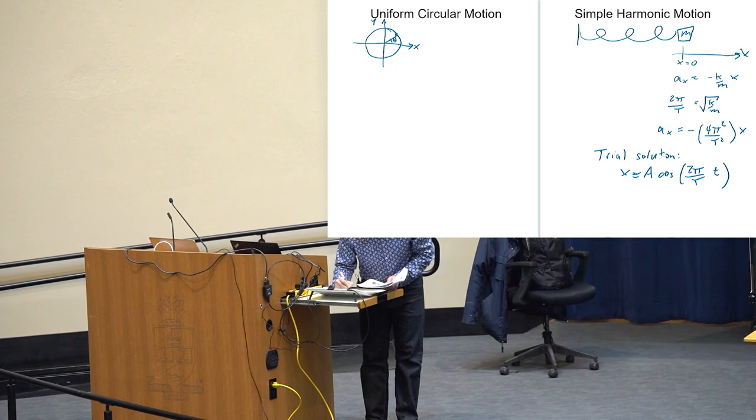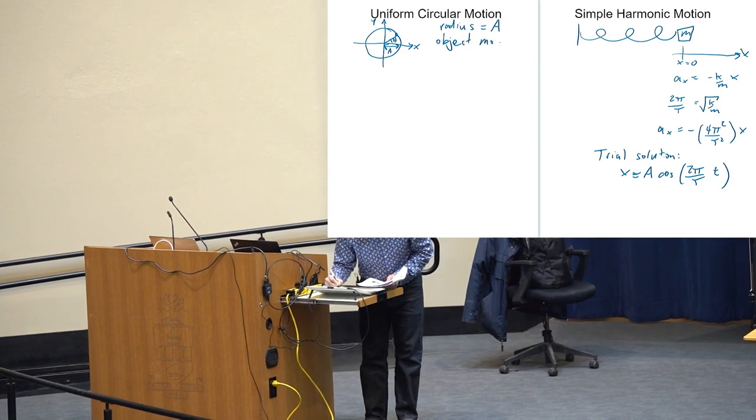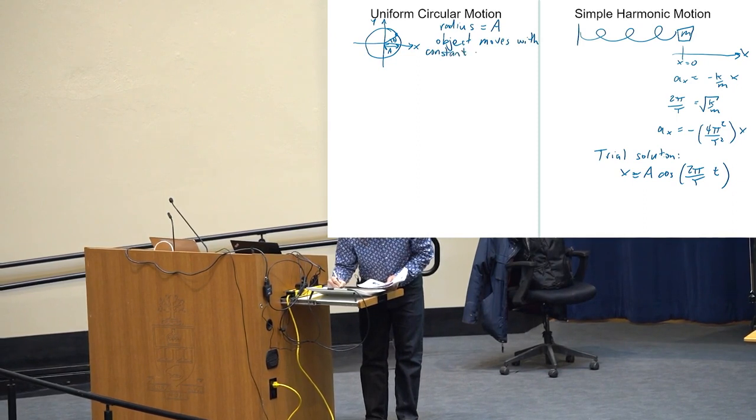We'll call the radius of this circular motion A, and the object moves with constant angular velocity omega in radians per second.